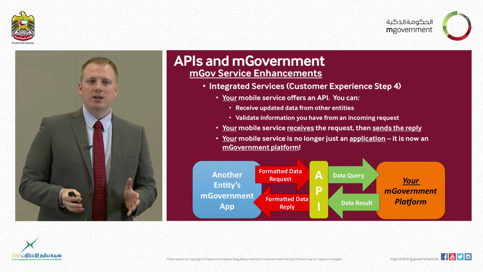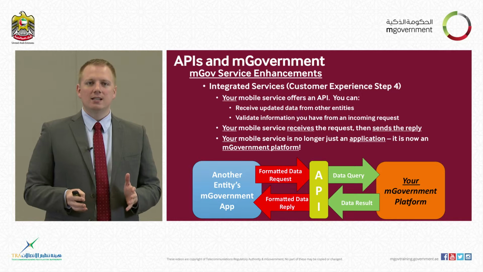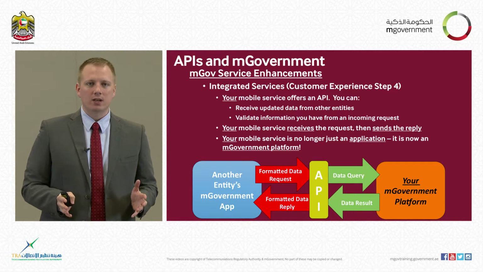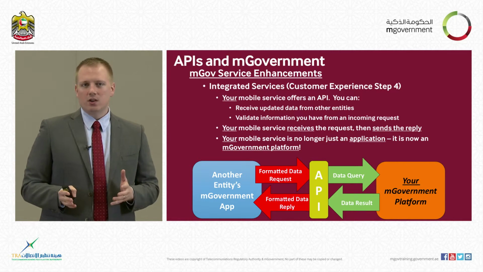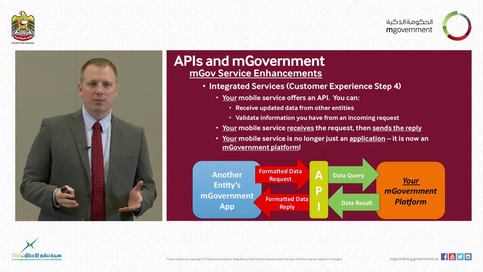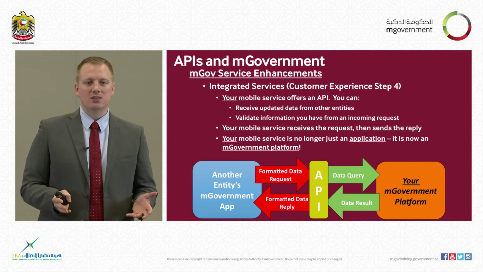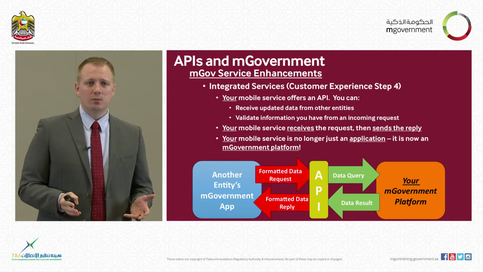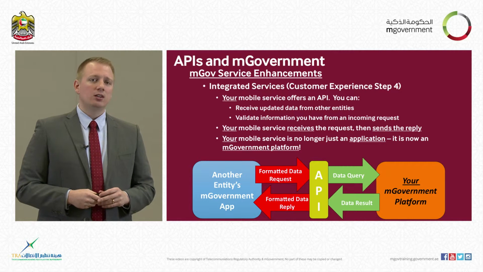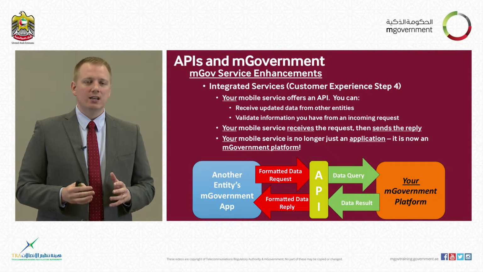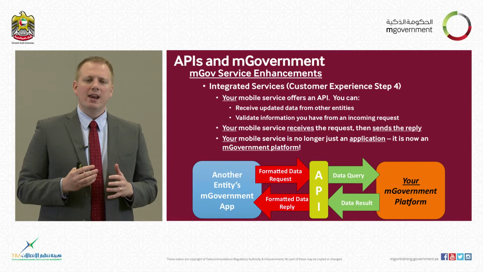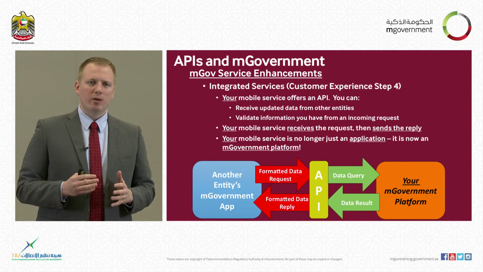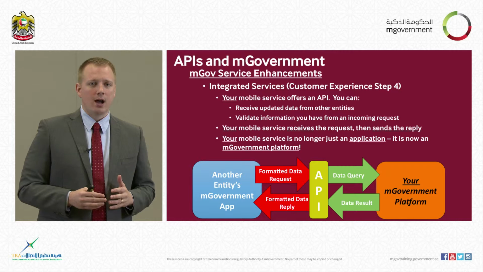Now, they are not going to give a copy of the Emirates ID database to every government organization. Just as with Visa or MasterCard giving a copy of their database to everyone who owns a business, it would be highly irresponsible to do that. But they still need to allow other entities to connect with them to find out if any Emirates ID information that they have been provided is valid or not.